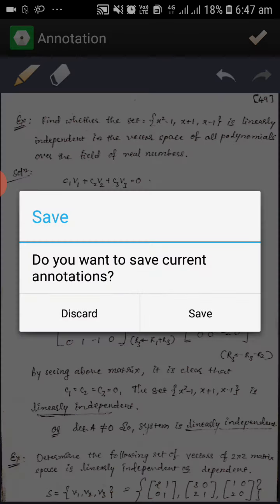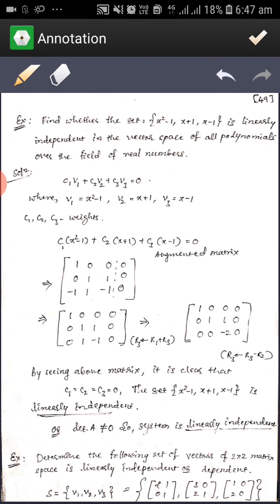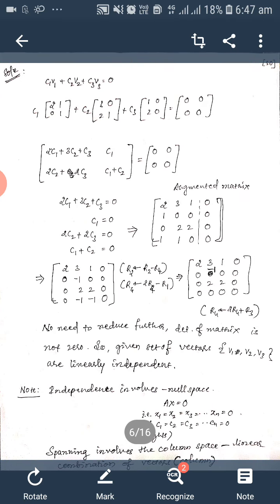The next problem: determine whether the following set of vectors is linearly independent. This one is in terms of matrices, while the previous one was in terms of polynomial equations.